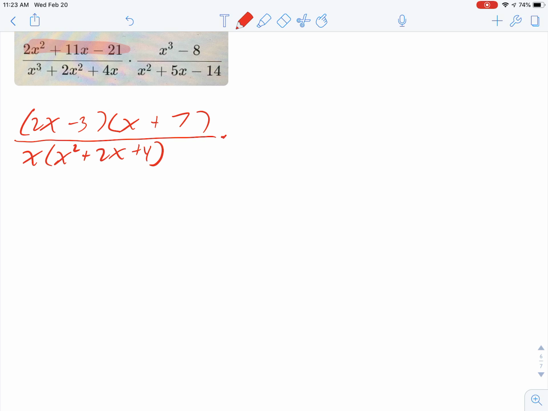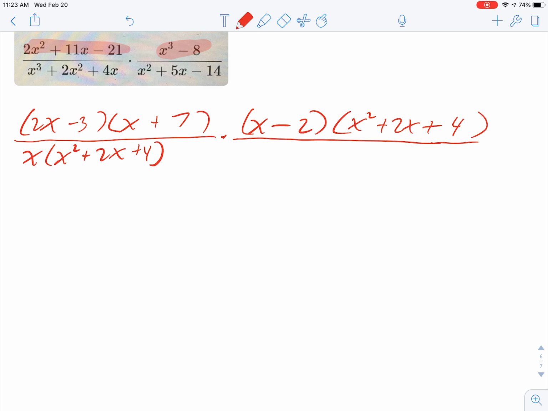Over on the fraction on the right, now we're going to do the x cubed minus 8. Hopefully you recognize that as a difference of cubes. So we're going to set up our parentheses. So a is x, b is 2, it's minus plus plus if you're doing your signs first, and then it's the x times the x, the 2 times the x, and then the 2 times the 2.